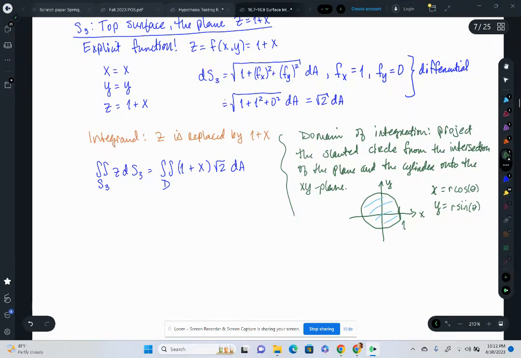Then r has to go from 0 to 1, and theta has to go from 0 to 2 pi.